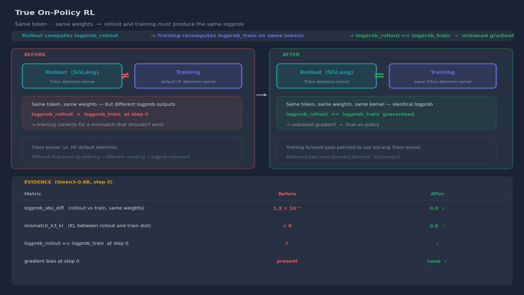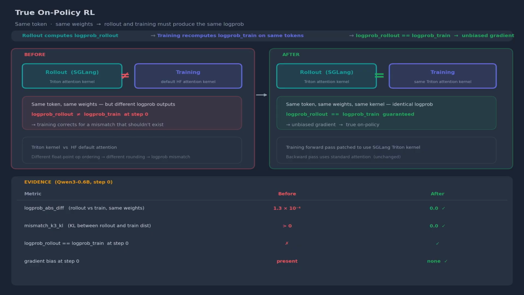So yeah, beyond the single node optimization, we also look at the key feature enabling, including true-on policy. The concept here is very simple. For the true-on policy feature, we want to have the same token, same kernel, same weight, so it can calculate the same log probability between rollout and the training phase.